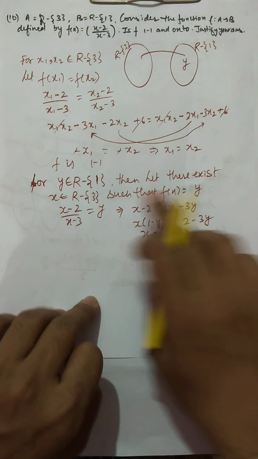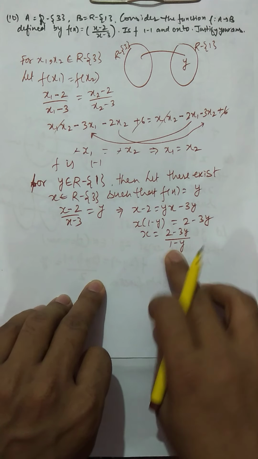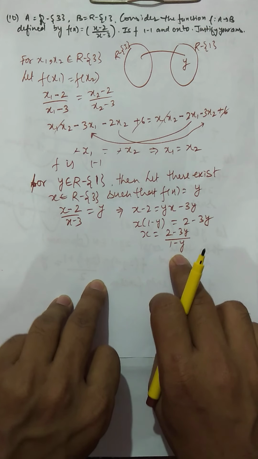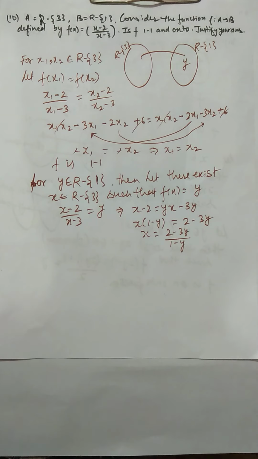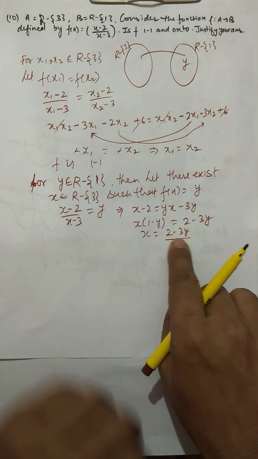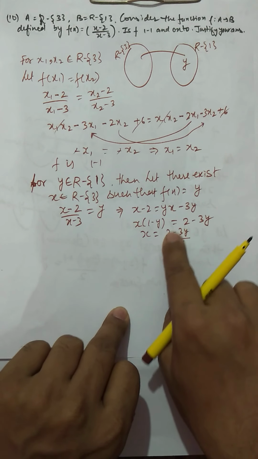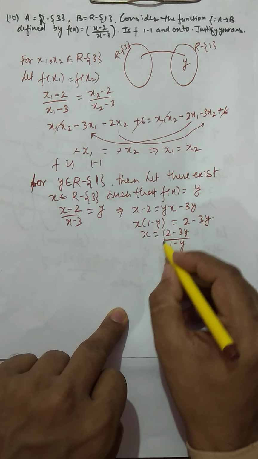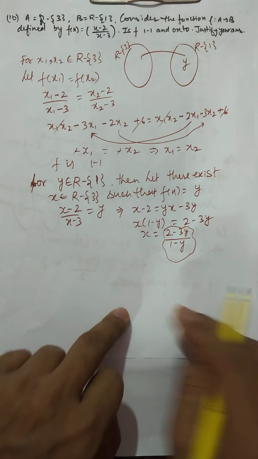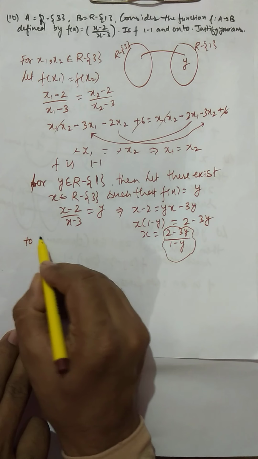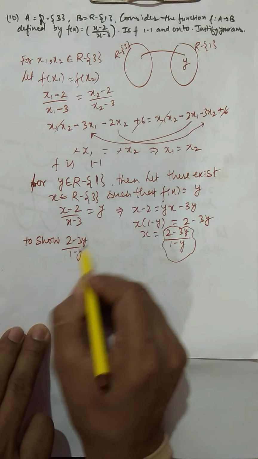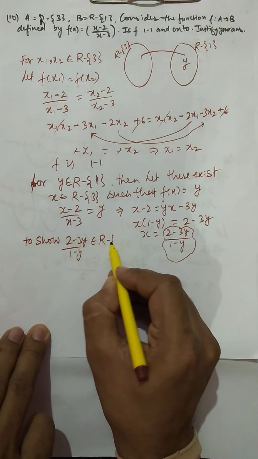So you can already see that y cannot be equal to 1. So this function, this side is defined, this is well defined. And now the next part that we have to show is that this number, your RHS number, is belonging to R minus 3. So this I'm just circling. We have to show (2 minus 3y) upon (1 minus y) belongs to R minus 3.